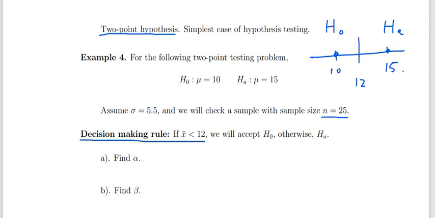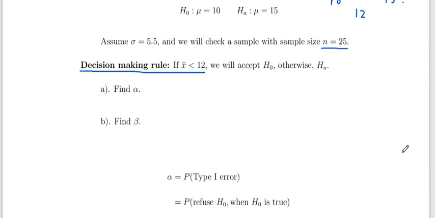So our decision making rule is really clear. For this decision making rule, we can find alpha and find beta.